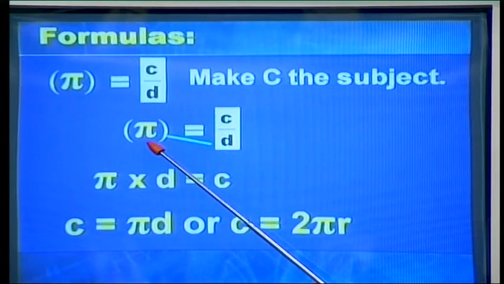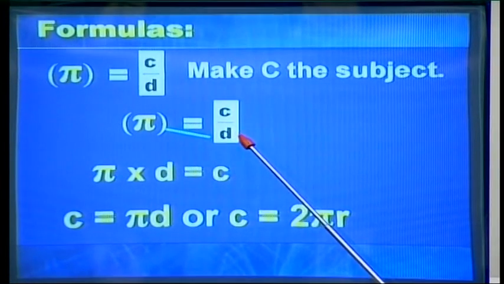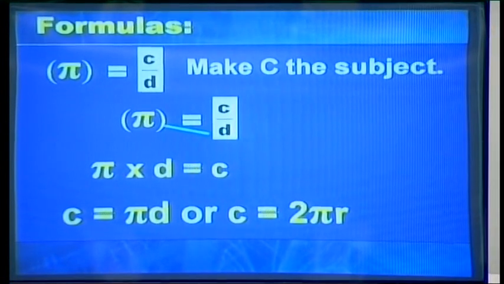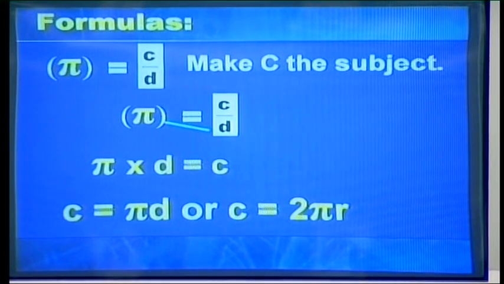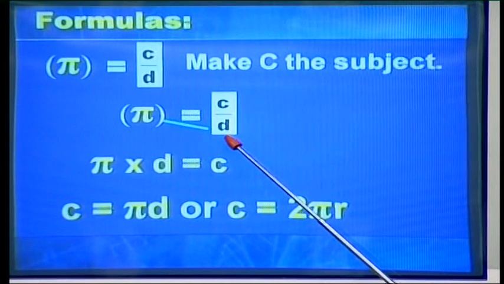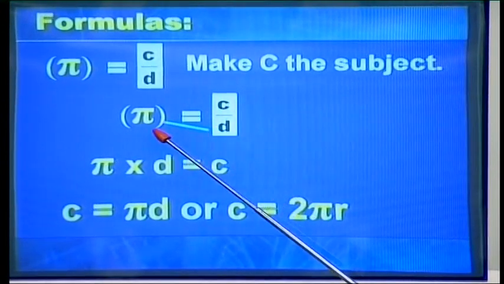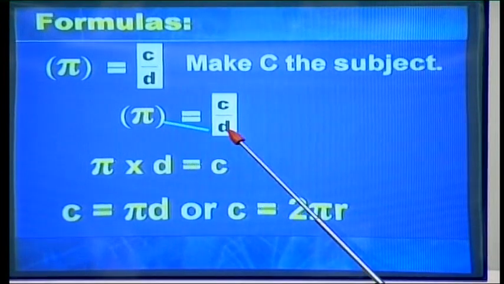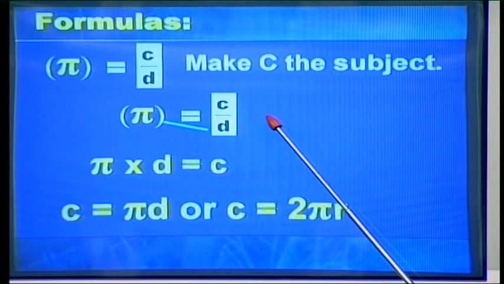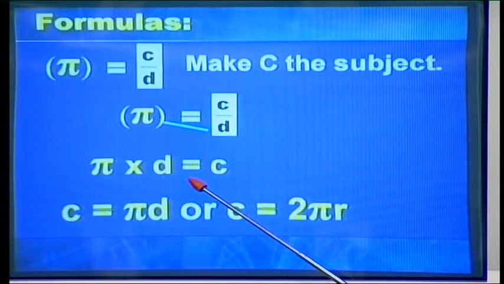Here we have the formula pi equals C over D. We are dividing by D. The opposite of dividing, we are going to multiply. So you can see from the arrow here, in order to make C the subject, we multiply pi and D. Also on this side, we have to multiply it by D. So the D cancels out, and this is what you should have.